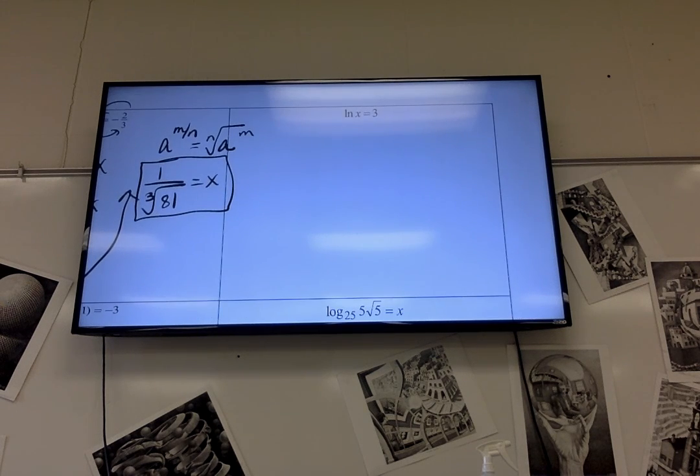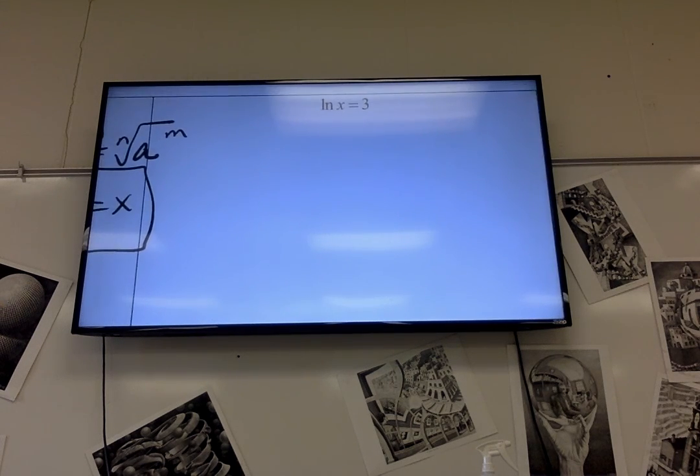All right. This one would be a calculator problem, but we still have to do it without a calculator to begin with. Natural log of x means that it has what base? 2.718, which is e, right?